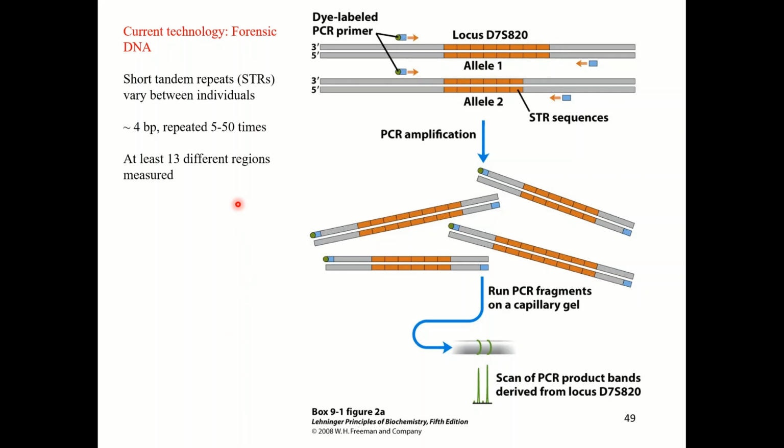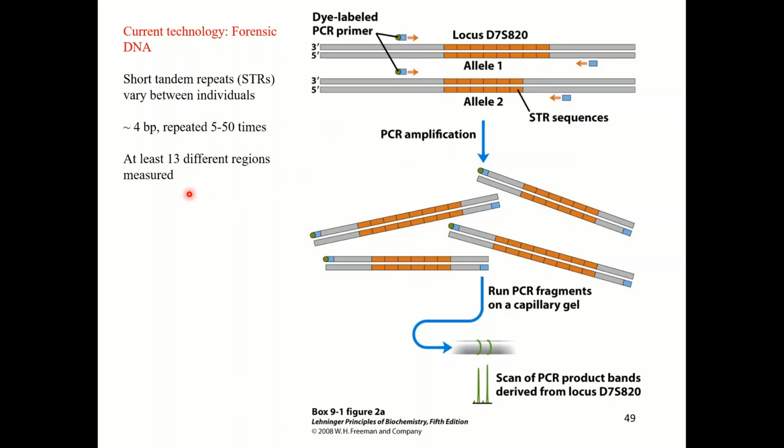The last technique that's talked about in the first section of Chapter 9 is used to study forensic DNA, and that's the short tandem repeats, STRs. Okay, so these vary between individuals, and they're somewhere along the lines of 4 base pairs that are repeated between 5 and 50 times.